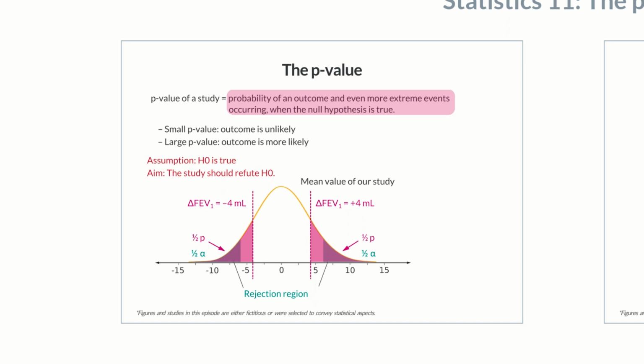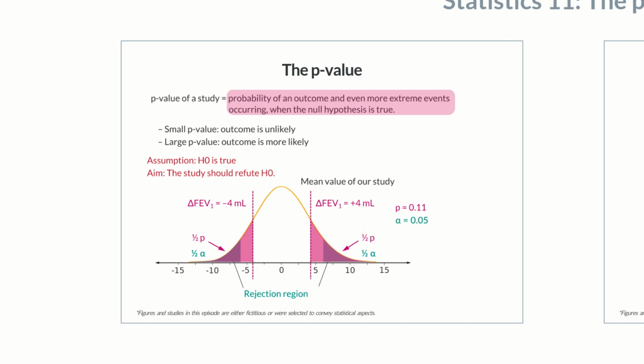In practice, the p-value is calculated using statistical software and published with the results of the study. For our example, the p-value is 0.11. This value is now compared with the significance level, that is, alpha. In episode 10, we set a significance level of 0.05.